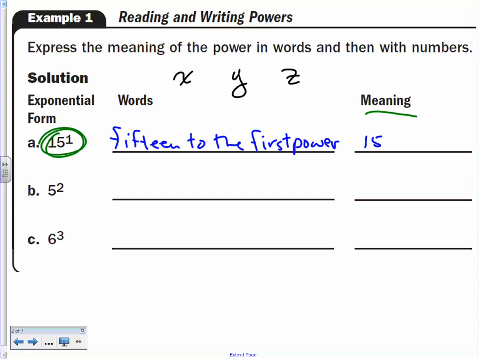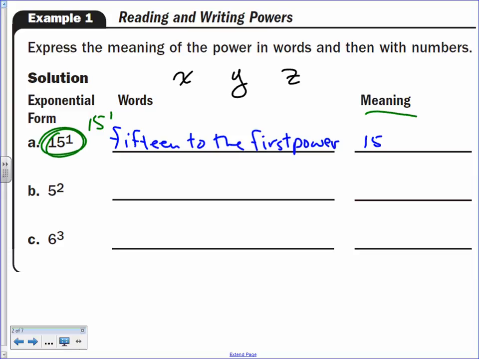If you notice, 15 to the first power didn't change the value of 15, did it? No. It kept it the same. So in other words, I can write 15 just by itself, and it's always understood that it's a power of what? 1. And the reason I can do that is because it doesn't change the value of it. Is everybody clear on that?